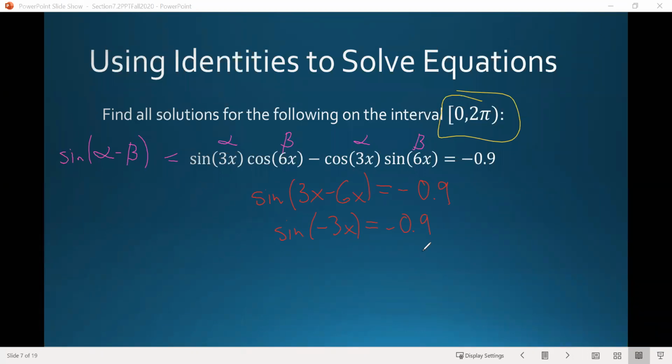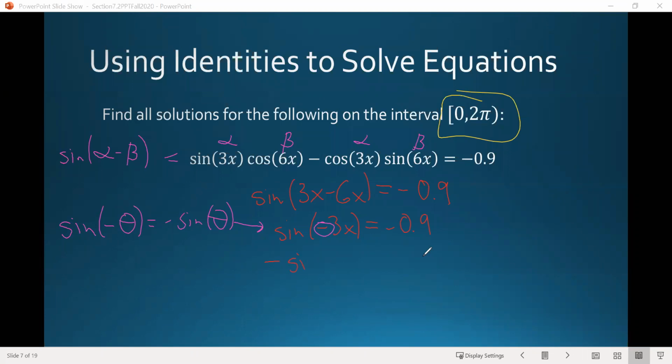At this point, normally we would use a U substitution. But before we do that, I'm going to use some other identities. You may recall from chapter 6, we had our negative angle identities, which said that sine of negative theta is equal to negative sine of theta. I'm going to use that here since we have this negative on the inside, so we can move the negative sign to the outside.